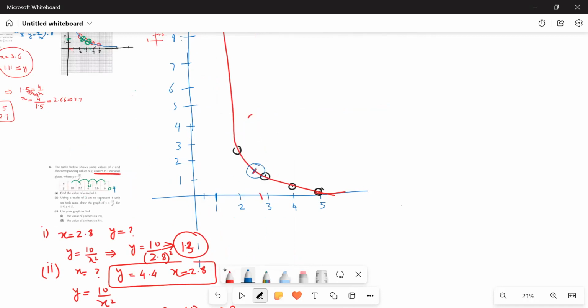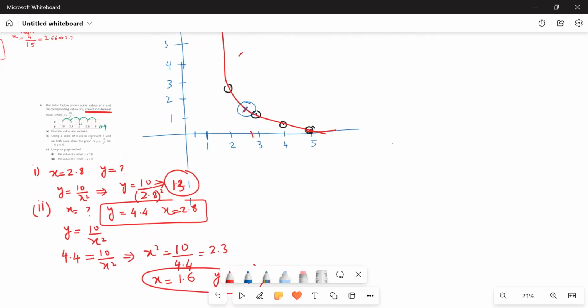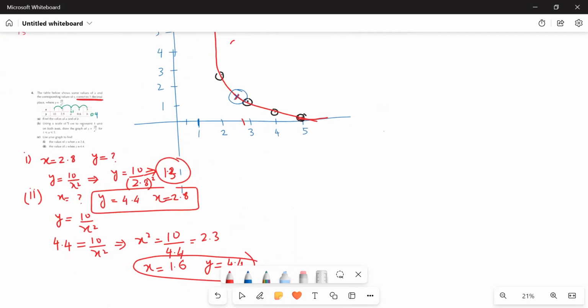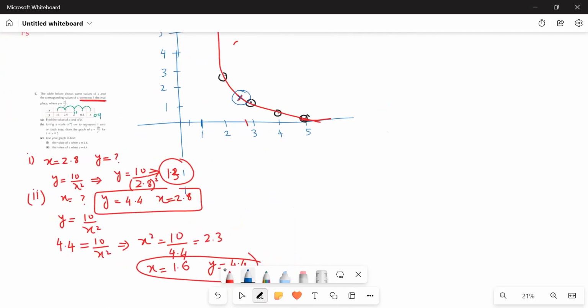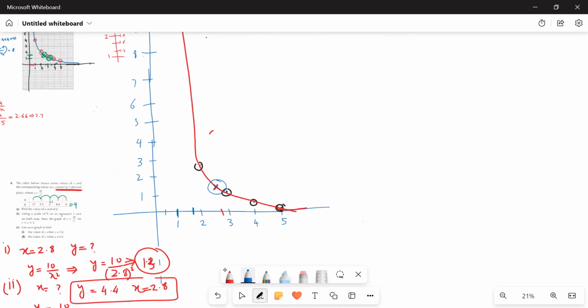This is the point. And the second point is x is 1.6, this is the point. And y is 4.4. It's here. This is the point.